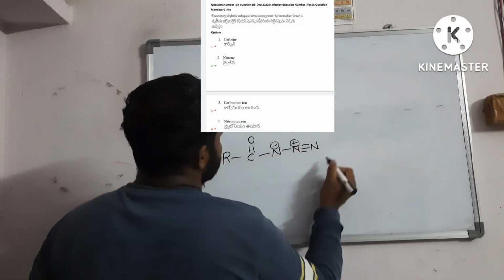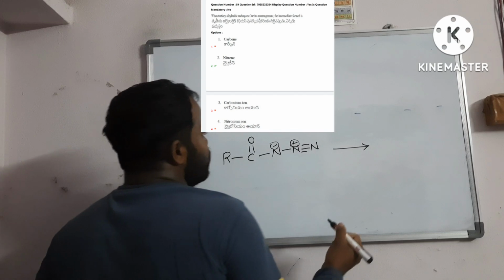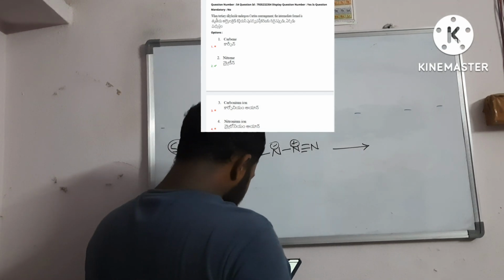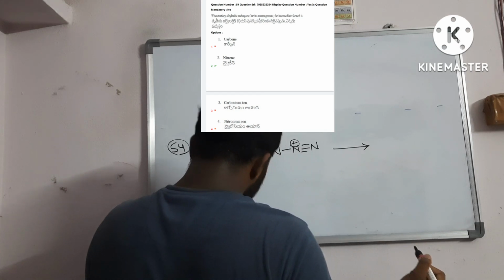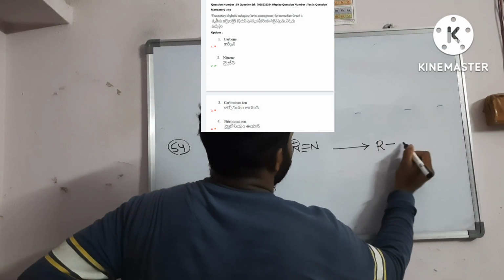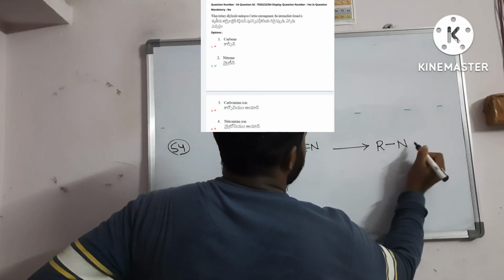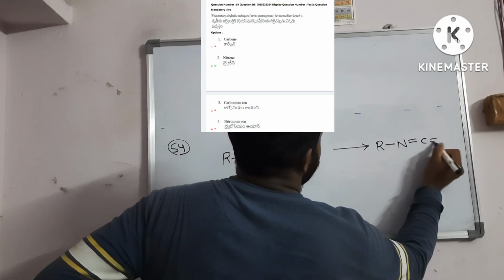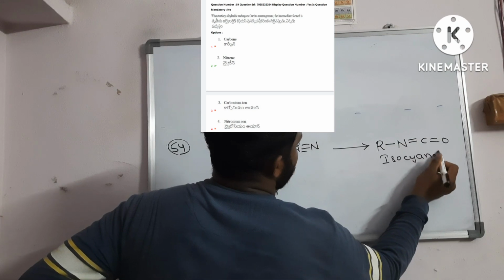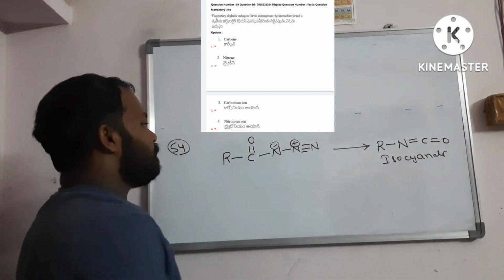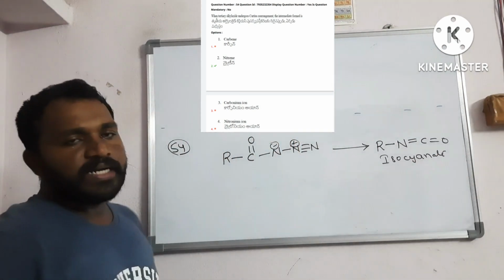In the presence of base or heat, it gives what? Curtius rearrangement gives R-N=C=O, isocyanate, as a product. The intermediate they asked about, right?